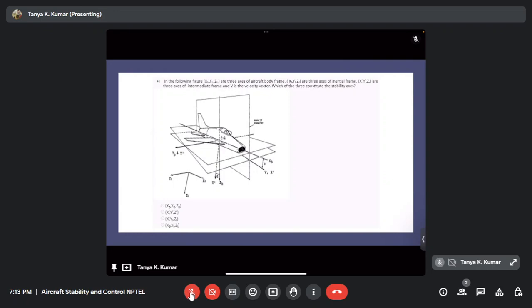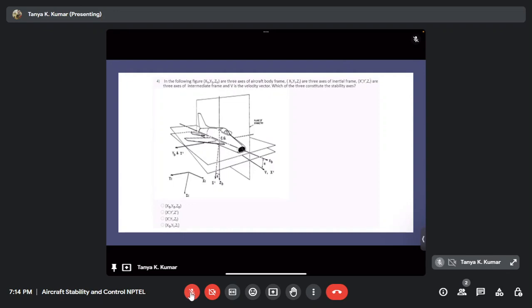Stability axis was the wind axis, right? Why did we choose such an axis? Because it will greatly simplify our equations of motion. Right, so if it is a wind axis, what is the stability axis here? The velocity vector is given by v. So anything aligned with v is the wind axis.